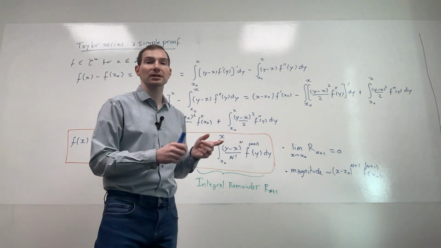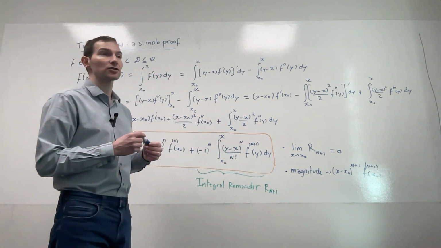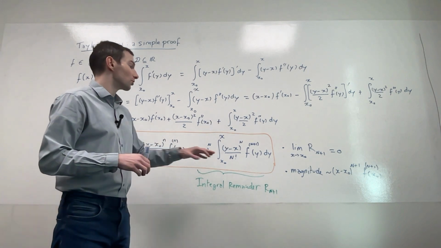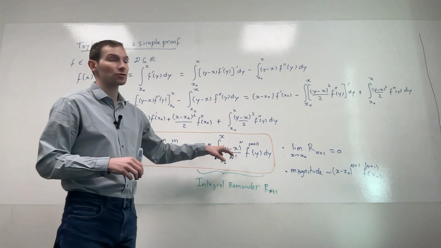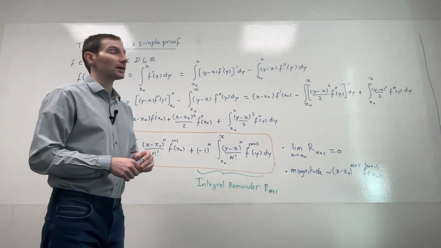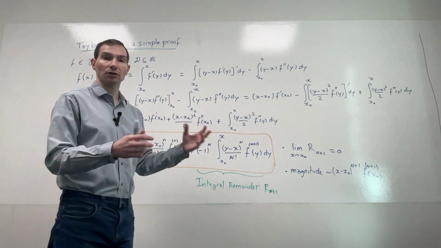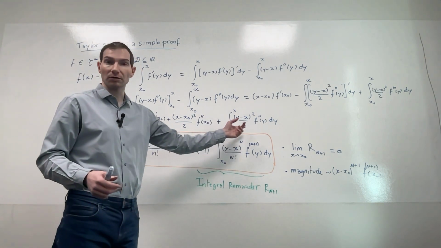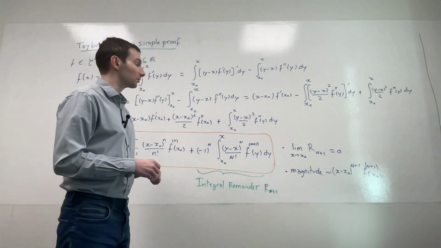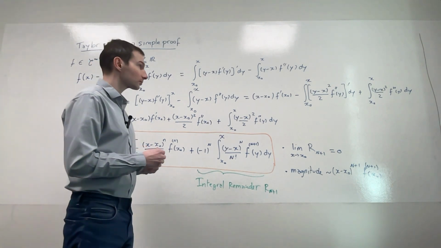That's kind of the idea. You want to have x tending to x naught, and so usually you imagine this difference to be much smaller than 1, in which case these terms with higher power basically become smaller and smaller.